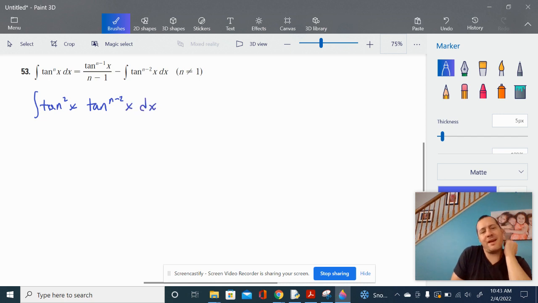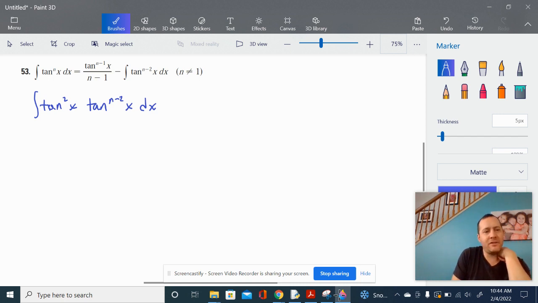Another clue to this, again, is that whole thing with the chain rule. You can't just take tangent of x to the n minus 2 and do a power rule on it like that. You'd have to do a u substitution. And if your u is tangent of x, then your du, what's that going to be? Secant squared of x, right?